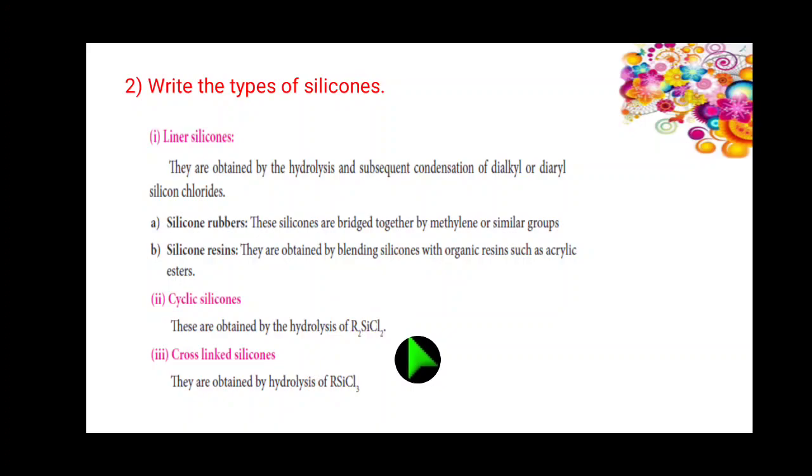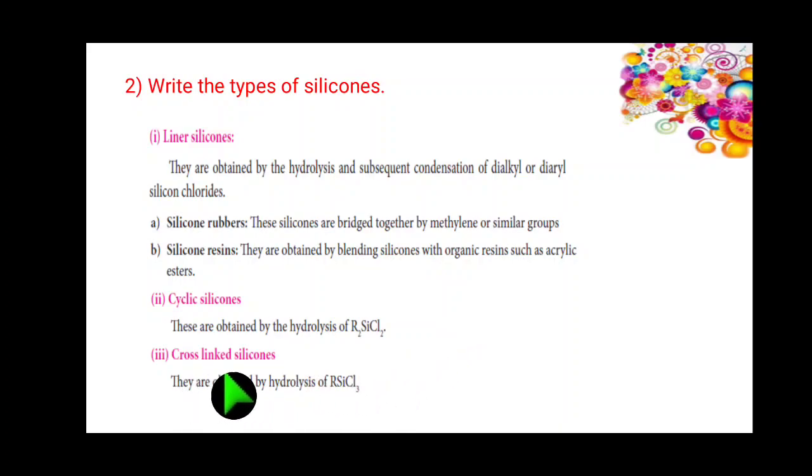Second one, cyclic silicone. This cyclic silicone is obtained by the hydrolysis of R2SiCl2, dialkyl dichlorosilane, right?